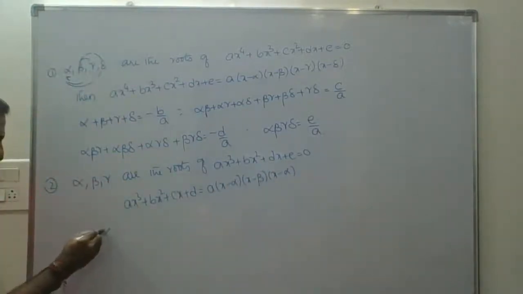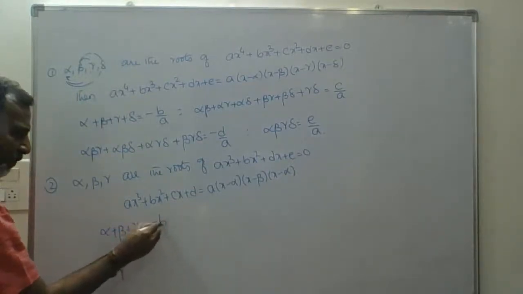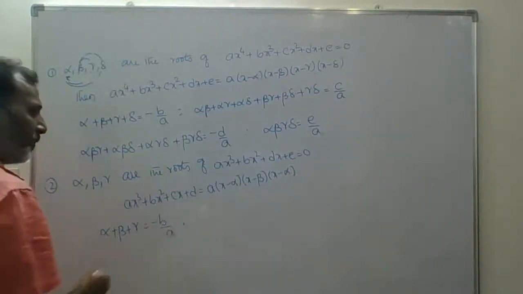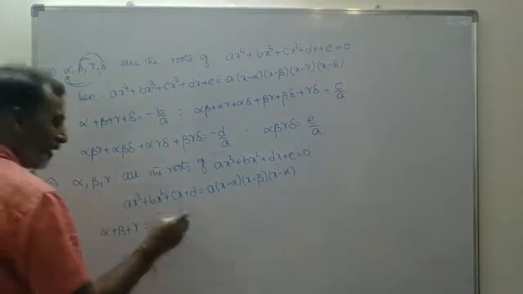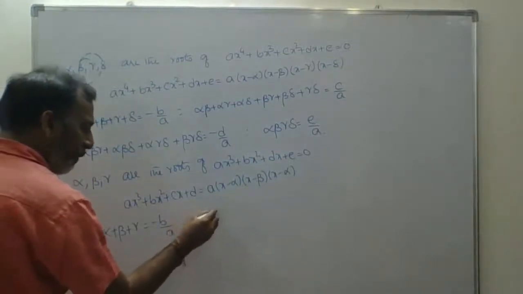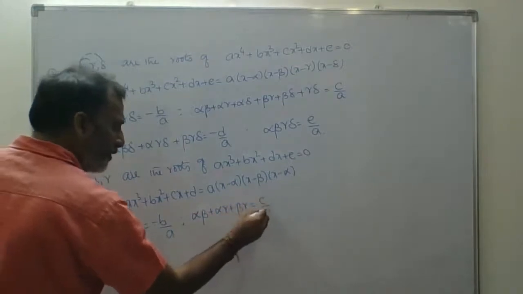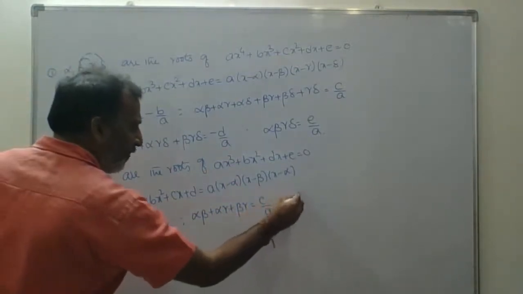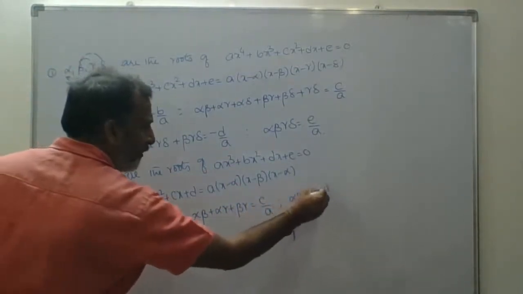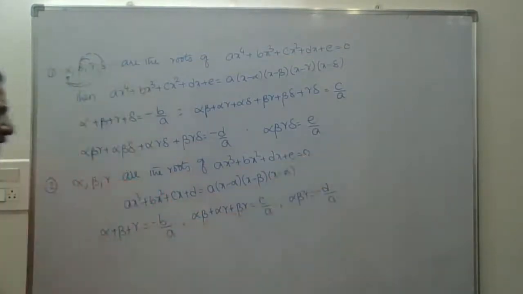Now tell me, what is the sum of the roots? Alpha plus beta plus gamma is minus b by a. The sum of the product of the roots taken two at a time, alpha beta plus alpha gamma plus beta gamma, is equal to c by a, and alpha beta gamma is equal to minus d by a.